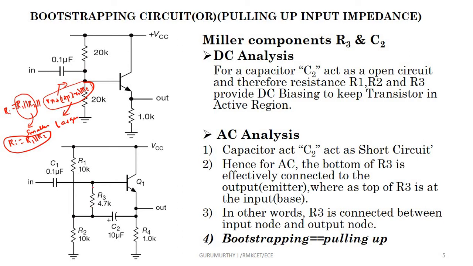So this R3 is going to be present between input and output, and the impedance offered by this capacitor is going to improve the input impedance of the amplifier. That's why it is called pulling up the input impedance. Bootstrapping is nothing but pulling up the input impedance of the common collector amplifier, and you can also take the Darlington amplifier. So bootstrapping, literally, means pulling up.